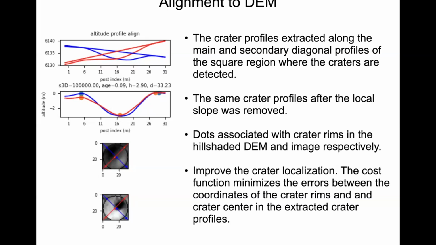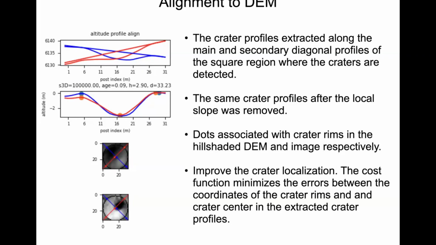The second image shows the same first diagonal and second diagonal profile of the crater, but this time with slope removed. We have a simple algorithm based on min max to detect the bottom of the crater and the location of the rims along the two profiles.